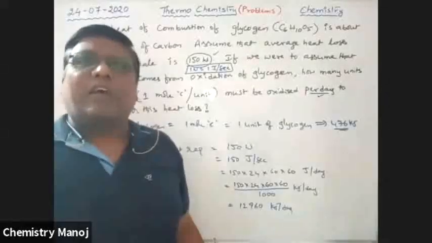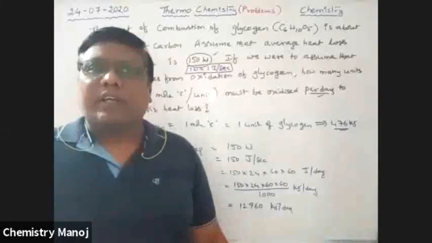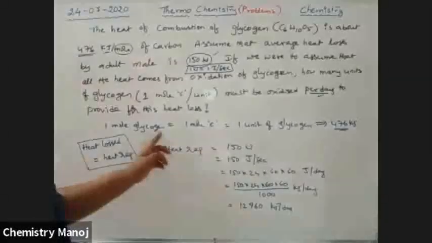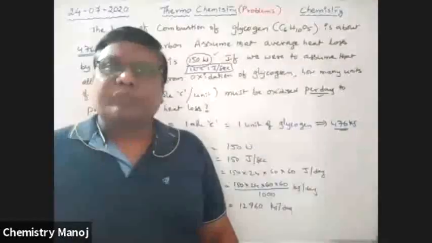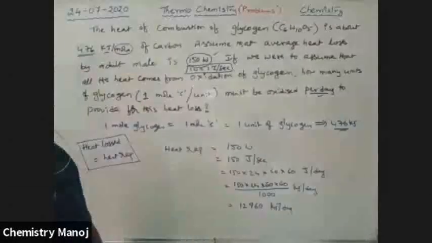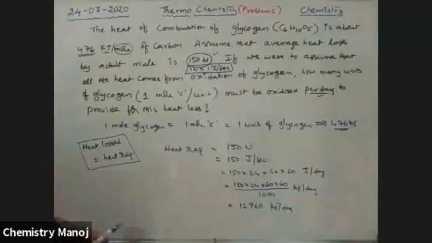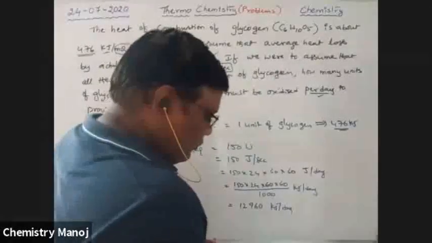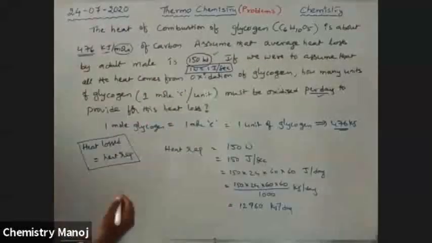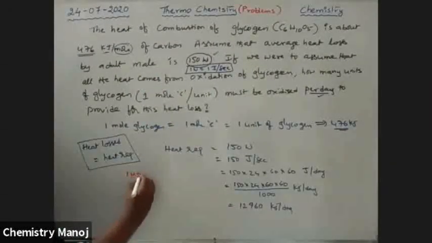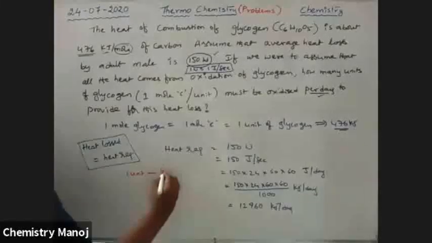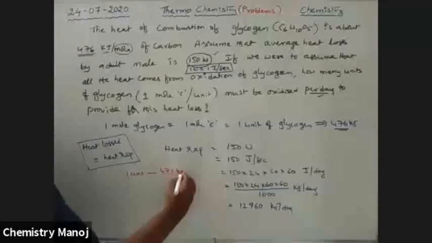So that much heat is required. See here, 1 unit gives 476 kilojoules.